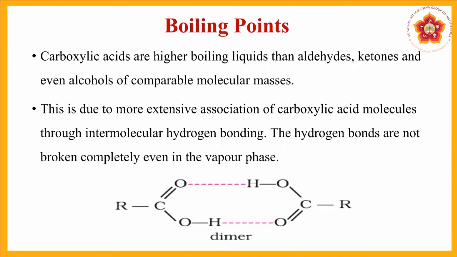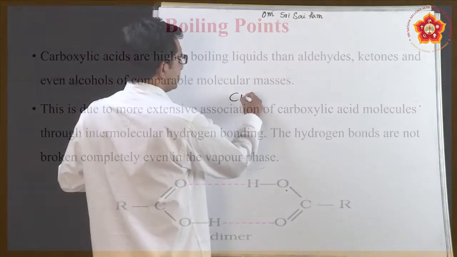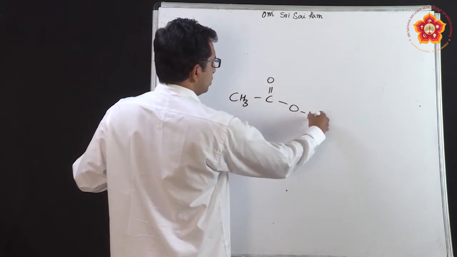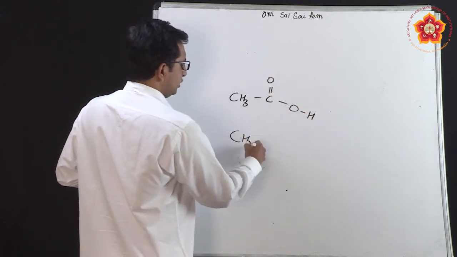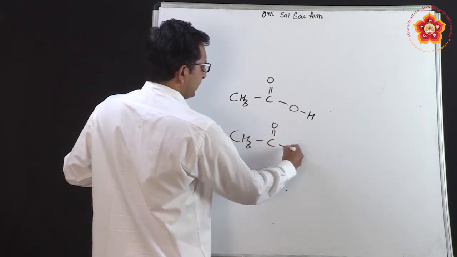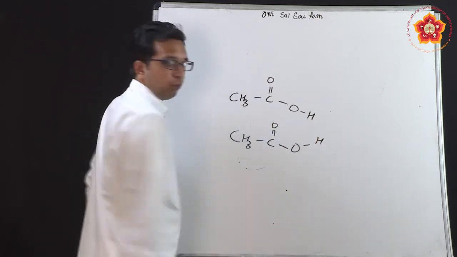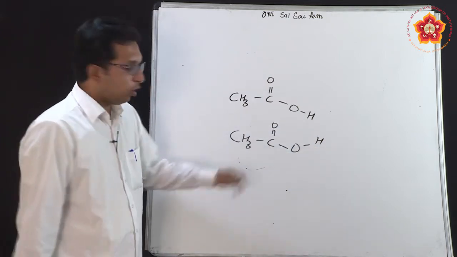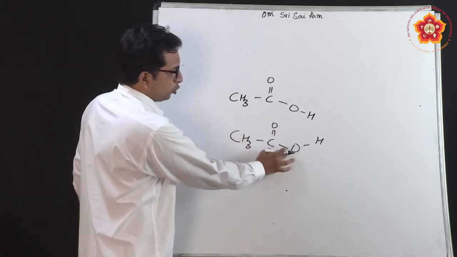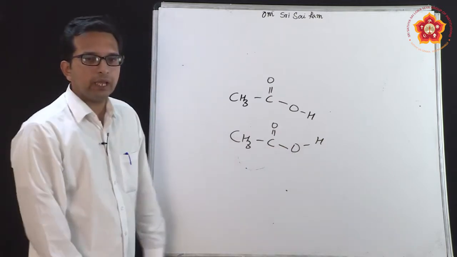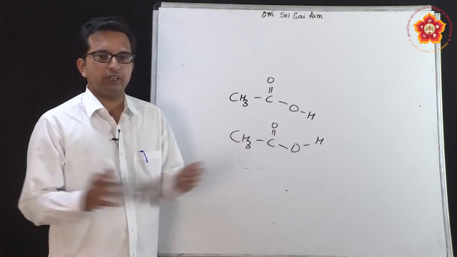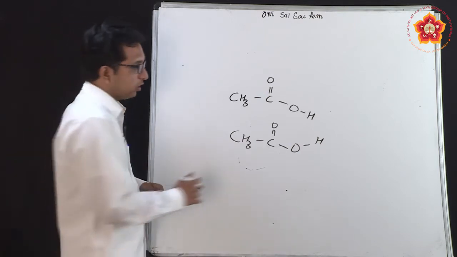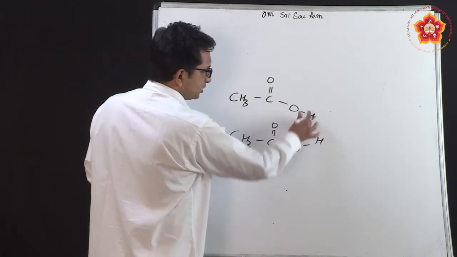The reason is that, as we finally discussed with respect to alcohol, there is a possibility of van der Waals force, there is a possibility of dipole-dipole interaction, there is a possibility of hydrogen bonding. Now, with a larger molecule with multiple electronegative elements, the dipole interactions are much stronger here. Also, the possibility of hydrogen bonding gets much stronger because this can have an interaction with oxygen.